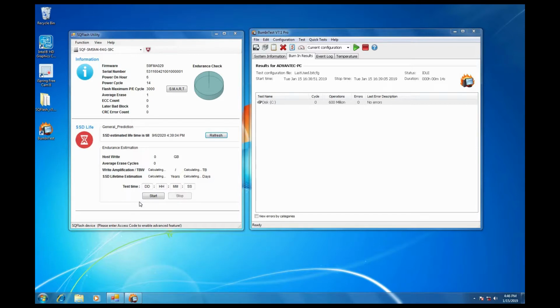So I'm going to go ahead and start the Life Predict utility here, and we're going to let this run for 4 days, and at the end of 4 days we'll come back and get the results and see how long this drive has to last in this particular environment. So I'm going to begin the test now, and we'll come back in a few days and check on it.